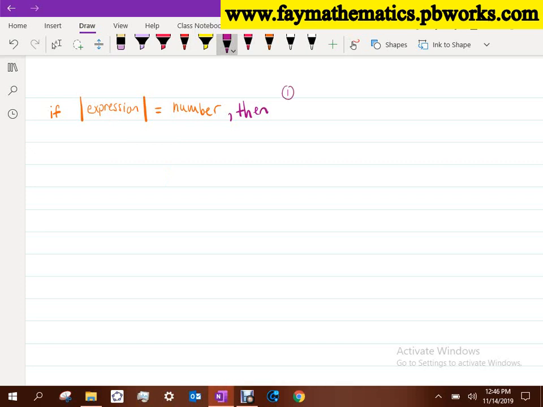We get the ability to solve the expression equal to the number.